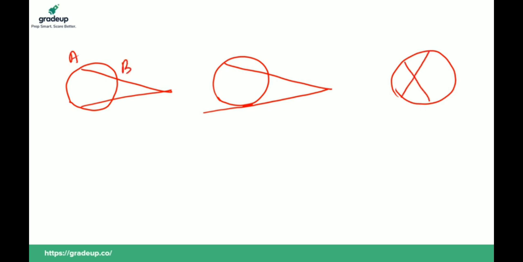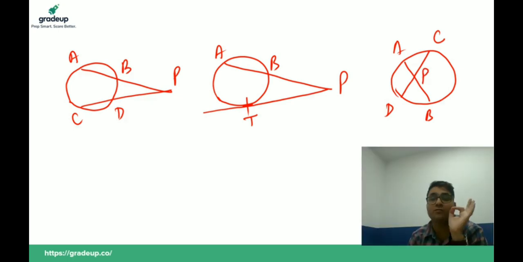This is A, B, P, C, D, P. Guys, one question will be directly asked from these properties.